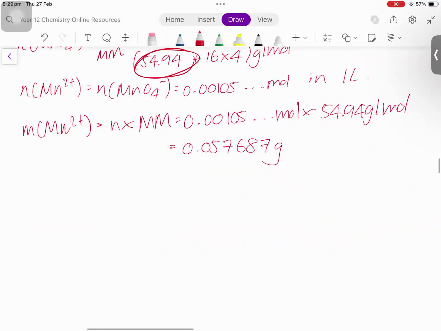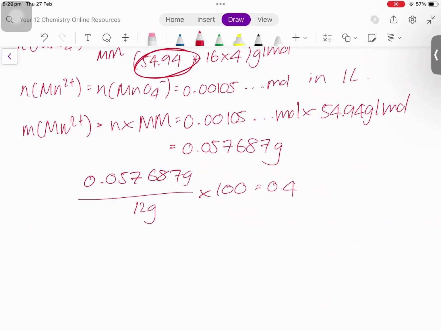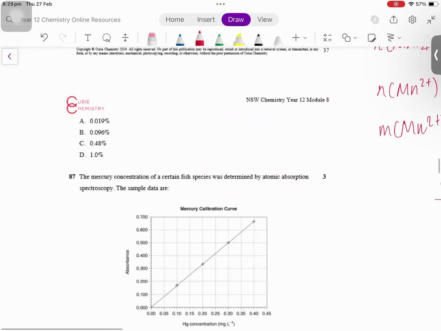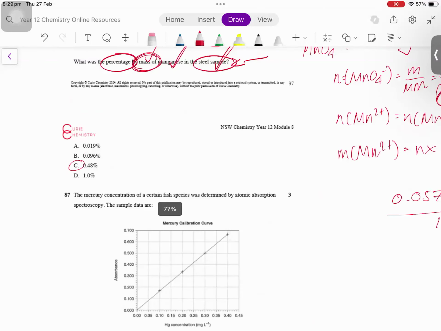So as a percentage, you've got the smaller mass over the entire mass. And for you to turn it into a percentage, you times by 100. What is your percentage of the total 12 grams? 0.48%. Good. So your answer is going to be C.